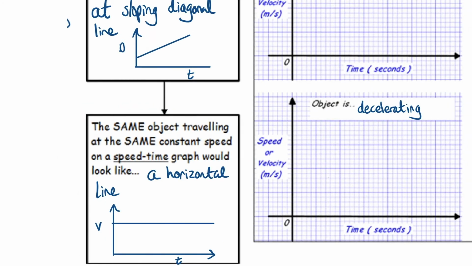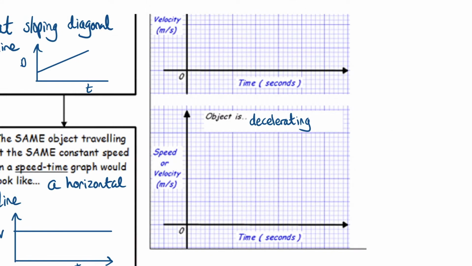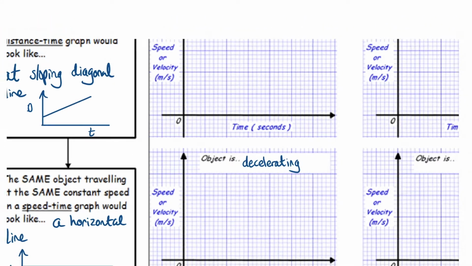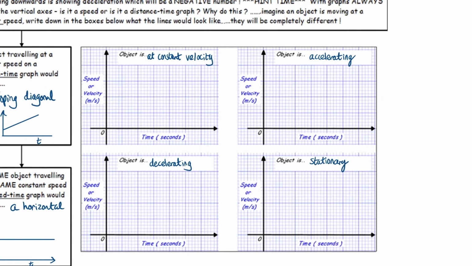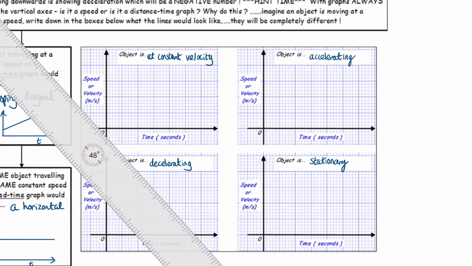Now, to the right hand side of those 2 boxes are 4 different graphs. And what I want you to do is to complete the bottom 2. I'm going to do the top 2. The first one, straightforward, constant velocity. I've just covered that.